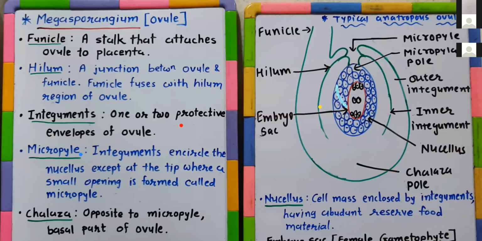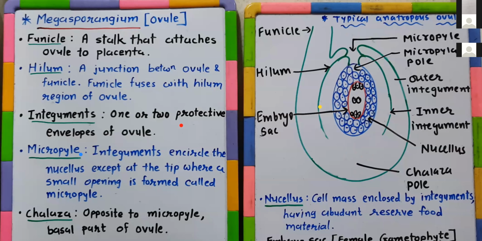I don't need to go into further details. You just have to remember that the anatropous ovule is one category of ovule wherein the chalaza, micropyle and funicle are almost in a single axis. That is termed as anatropous type of ovule.